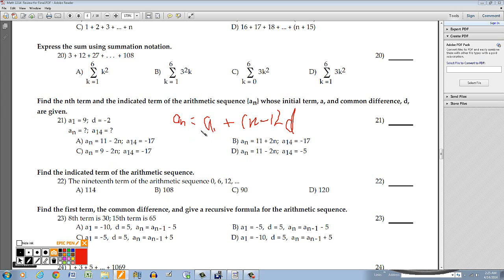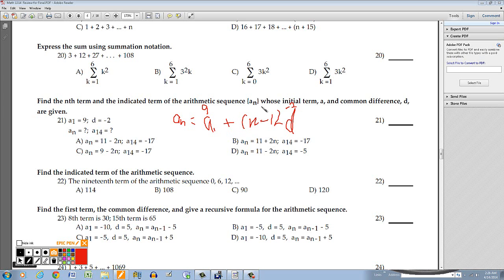Now it wants the nth term also. So to get the nth term, all we have to do here is put a 9 right there. A1 is 9, and I'm sorry, D is -2. We want the answer in terms of n, so this will be -2.